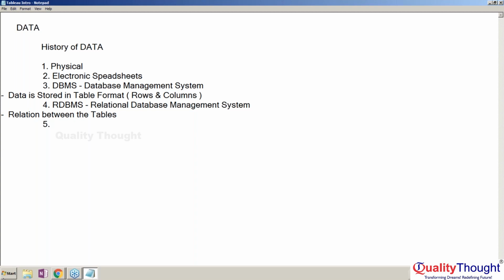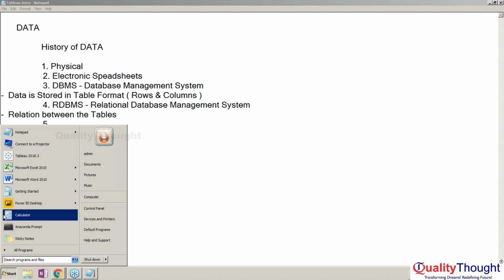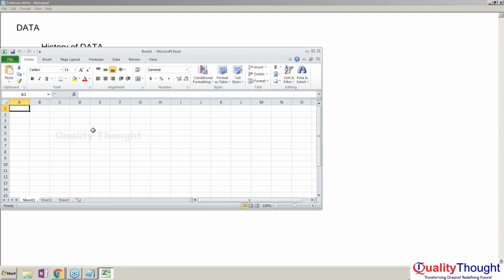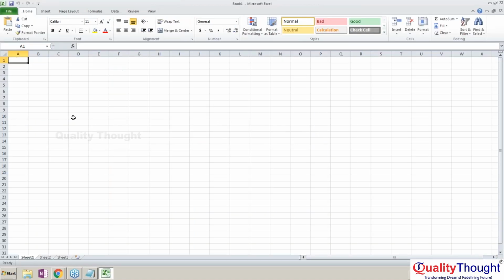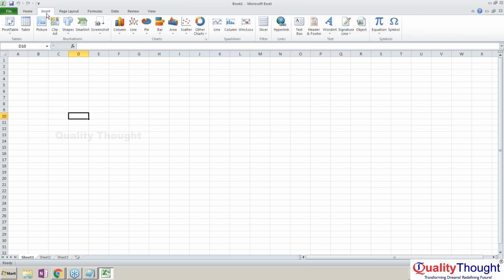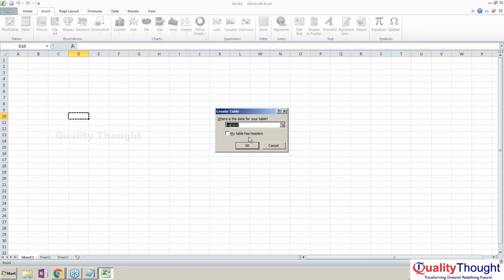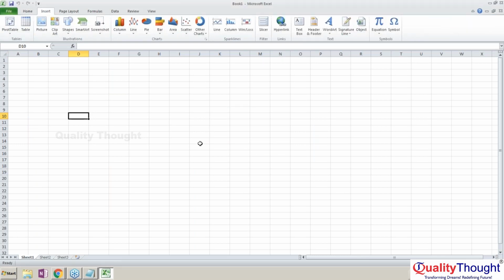Let us see an example, guys. Let me just open an Excel sheet. I'm going to show you. Let me just insert a table. See, this is a table.